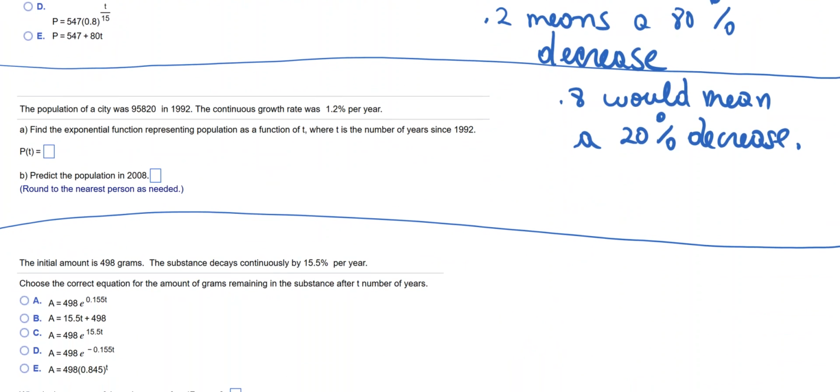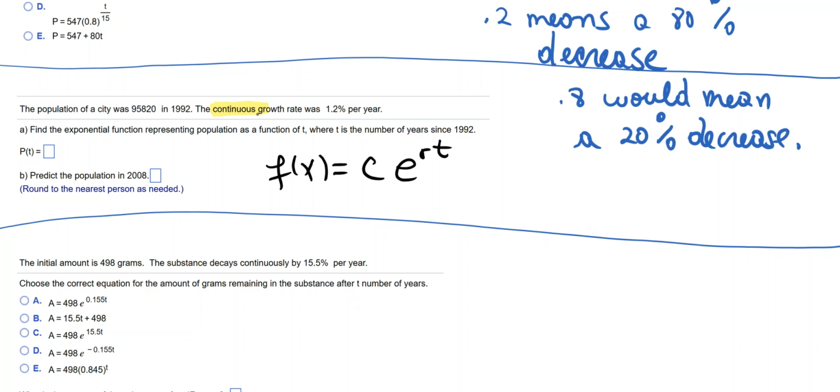Now another type of exponential function form is when you're dealing with a continuous rate. So every time you see the word continuous, you're going to use the formula f of x equals c times e to the rt.